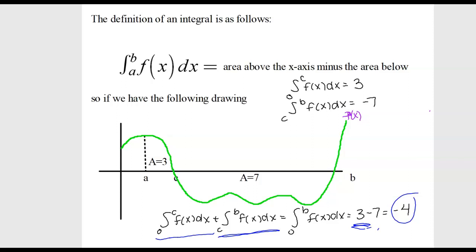Integrals can be negative. So again, you'll see the area is given to you as a positive 7, but the integral value would be a negative 7. So we would say the integral from C to B is negative 7.